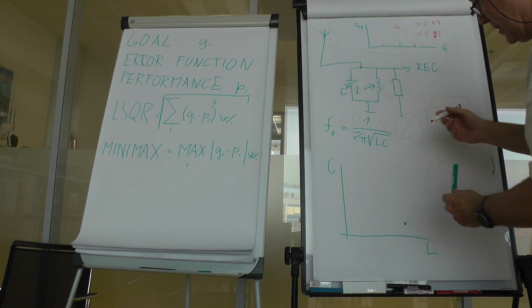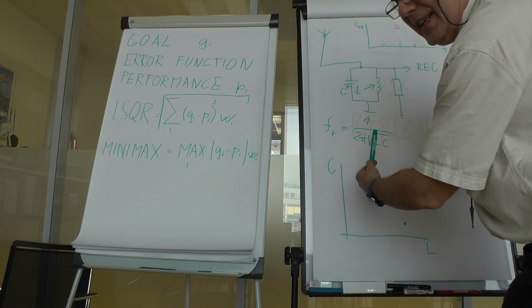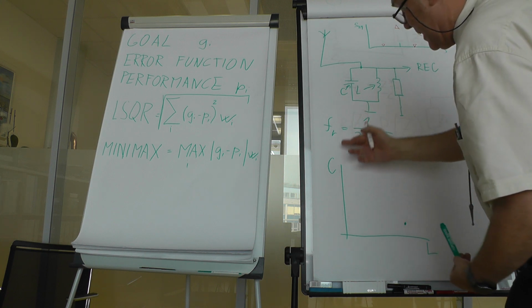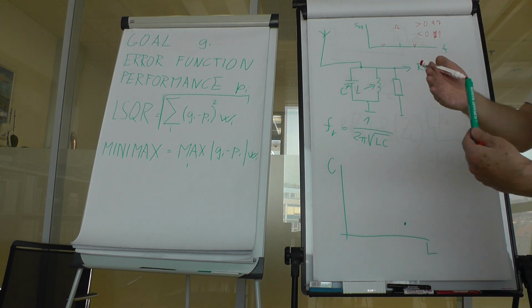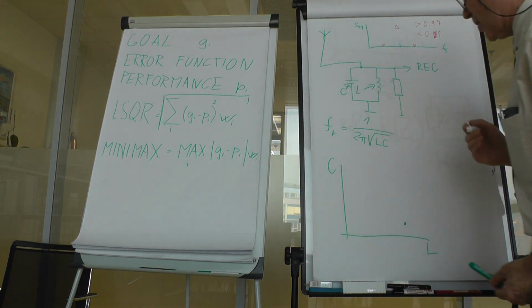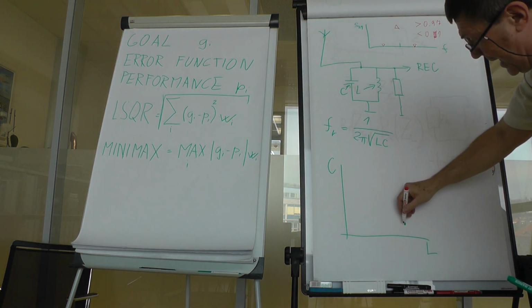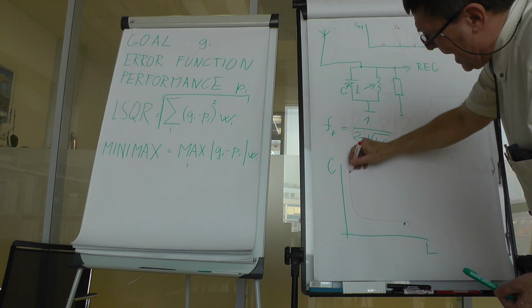Then, if I watch this as a terrain, I would have the height proportional to the value of the error function. I would see something like a very, very narrow valley that is L-shaped.